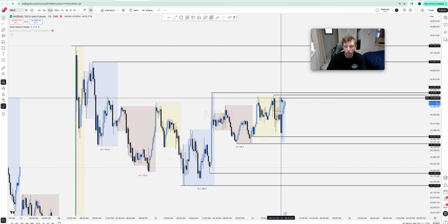The one trade idea that I did not take was over here on the smaller time frame. So it would have been over here, right? So 6:30, 6:35, we put in... where'd it go?